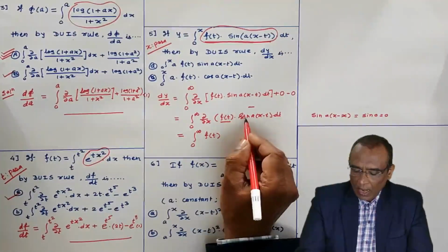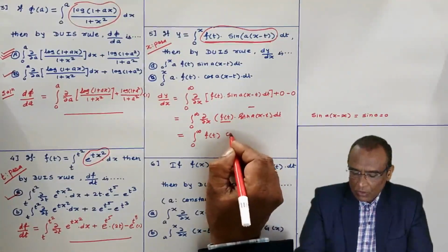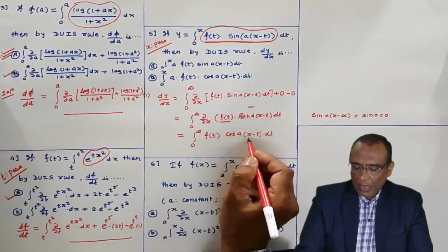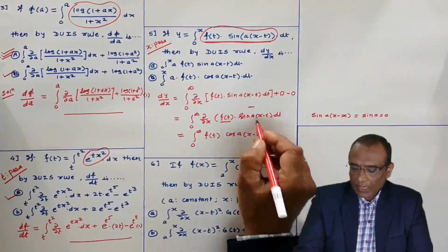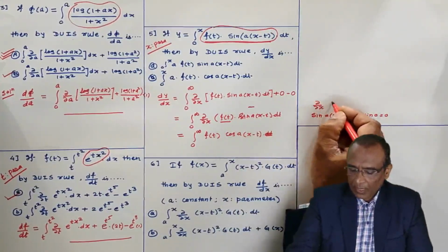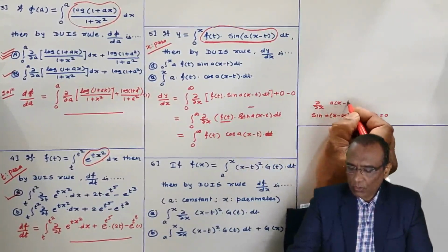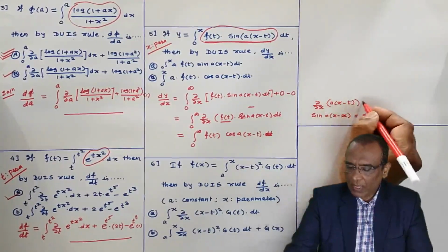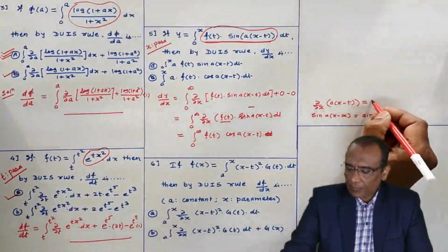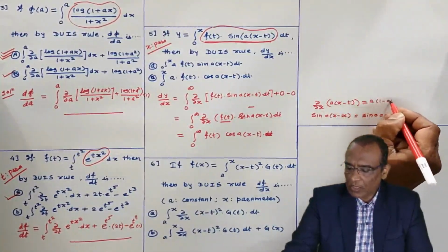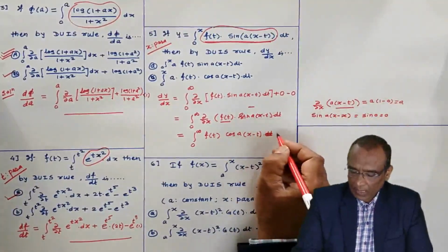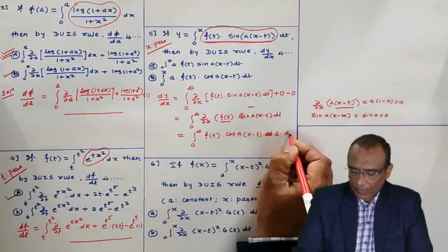The derivative of sine is cos of ax minus t, and then the derivative of the argument ax minus t has to be multiplied. The derivative of x is 1, the derivative of t is 0. The derivative of this argument is a, so I have to put a here into dt.